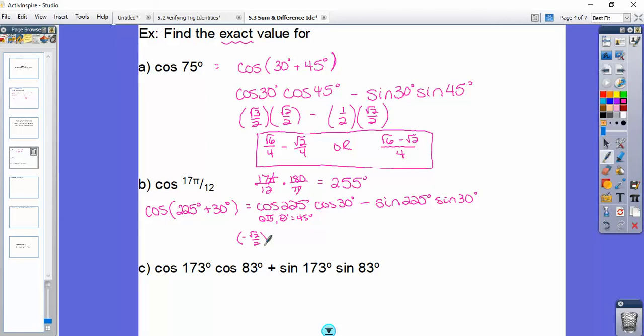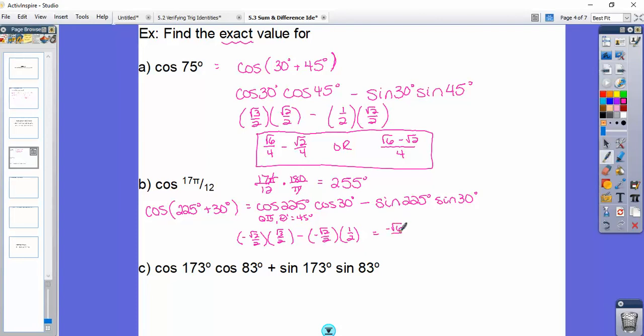Cosine 45 is radical 2 over 2. Cosine of 30 is radical 3 over 2. Minus sine of 225. Again, 225 is quadrant 3, so sine is negative. Sine of 45 is radical 2 over 2. Sine of 30 is 1/2.